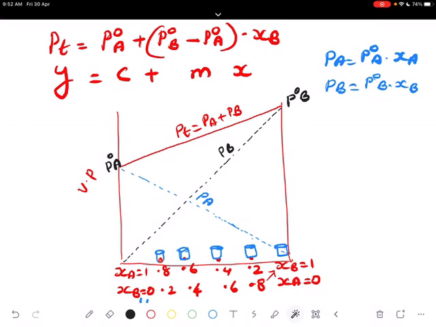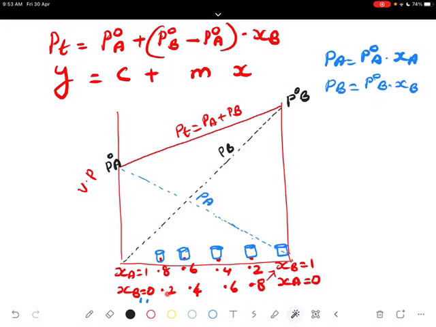This PA value is the highest, and again the mole fraction of A is decreasing, so PA is decreasing. At 0.4 only, PA again decreases, and here A is 0.